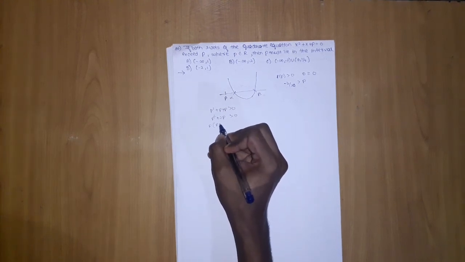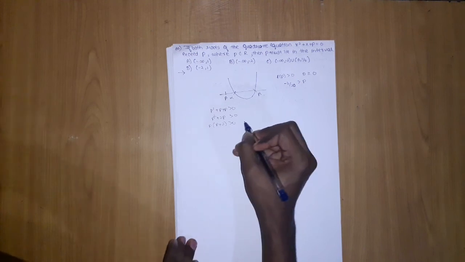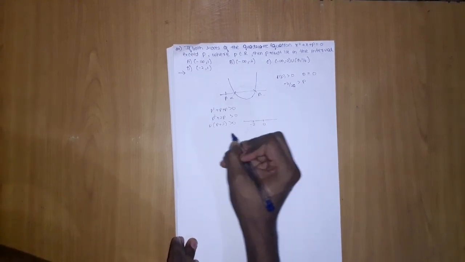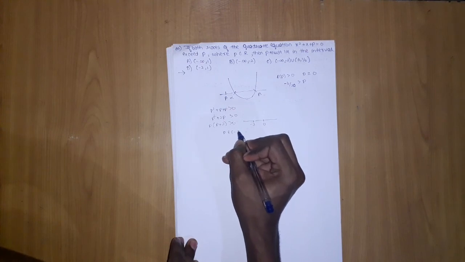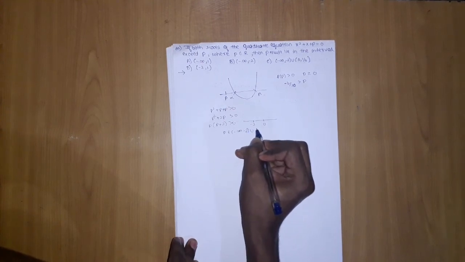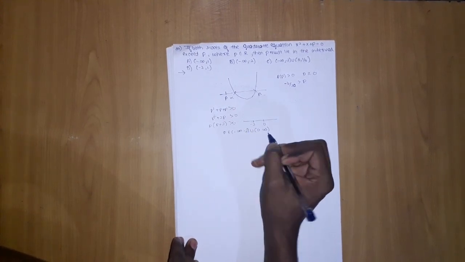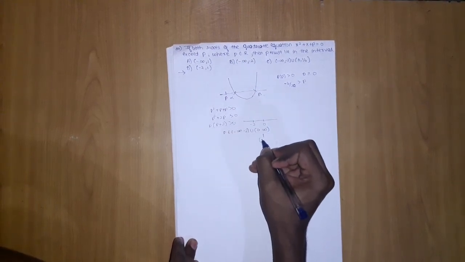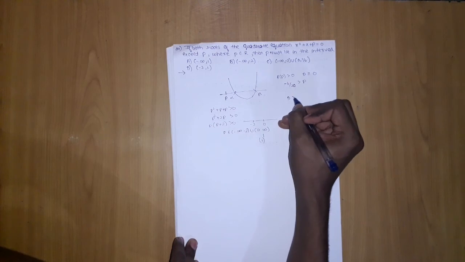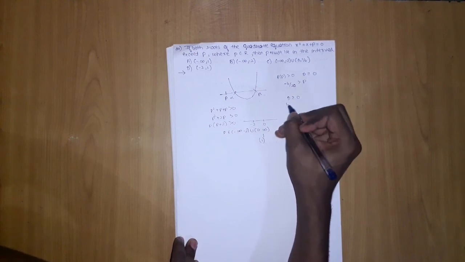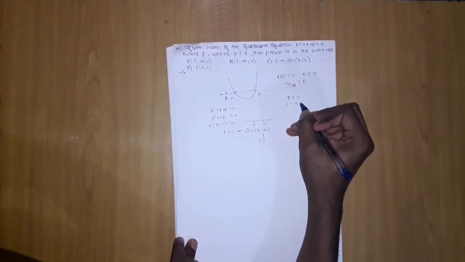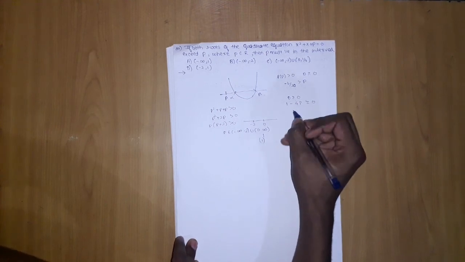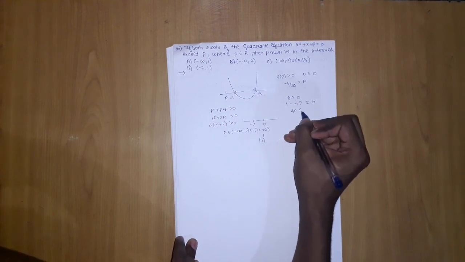P into p plus 2 should be greater than 0. Let's plot this point, minus 2 and 0. So p belongs to minus infinity to minus 2 union 0 to infinity. Second, D is greater than or equal to 0, which is 1 minus 4p should be greater than or equal to 0, so 4p should be less than or equal to 1.